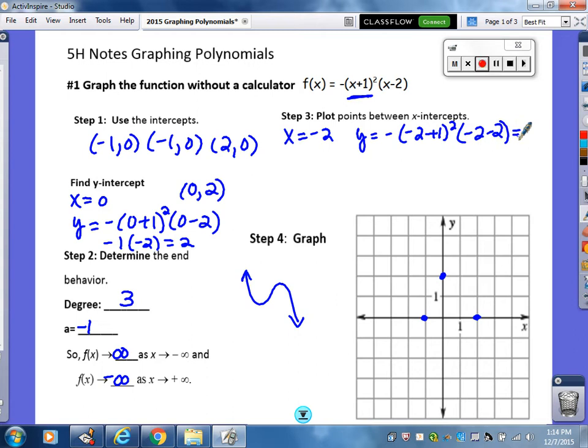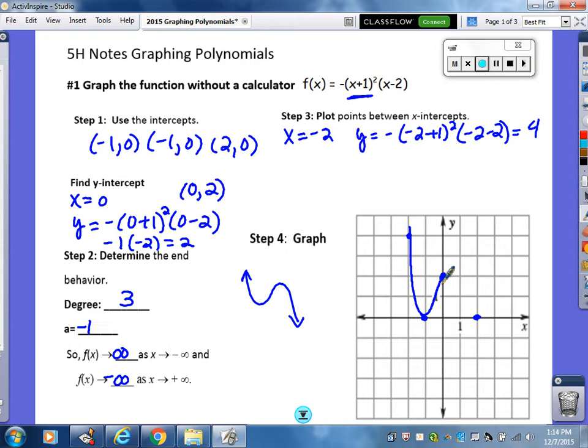Take a moment and do that math, and you should be getting positive 4. So at -2, positive 4. Remember there's a bounce at -1, and it's going to bounce above. It's going to bounce here and come back up. Now we don't know if it's going to turn around or keep going up.